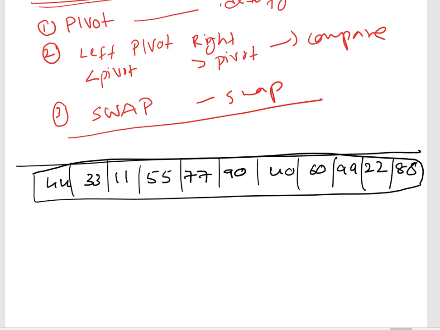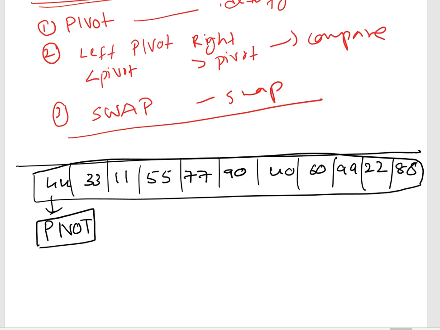First step is to identify the pivot. Consider the first value as the pivot. Always consider the starting value as the pivot value. Second step, compare the right side of the elements. This is the right side, this is the left side.